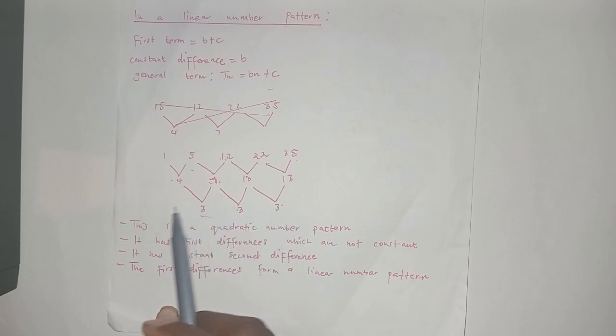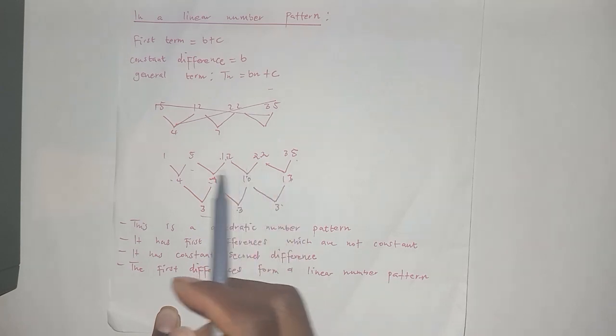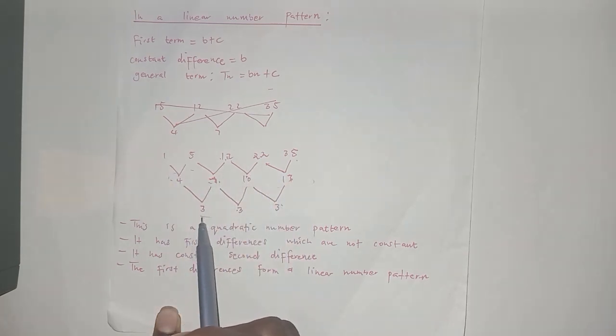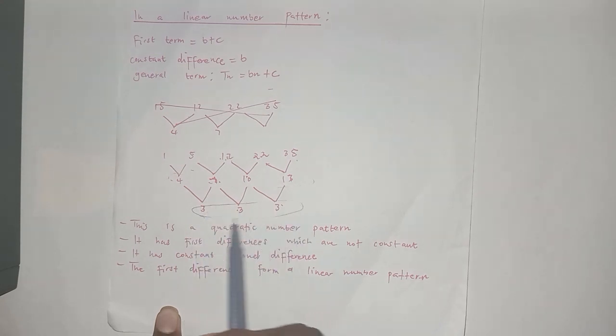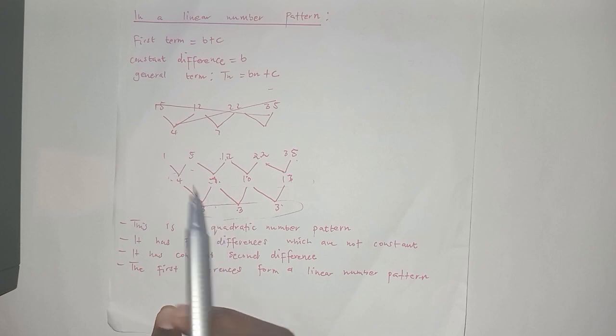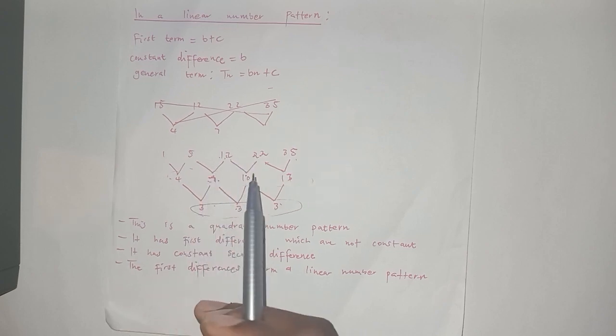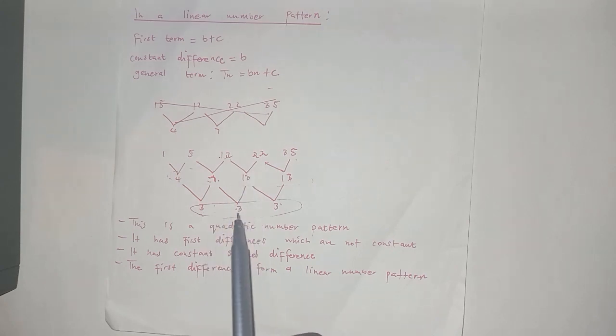These are the second differences there, and those ones there are the first differences. If a number pattern gives you a second constant difference, then it is a quadratic number pattern.